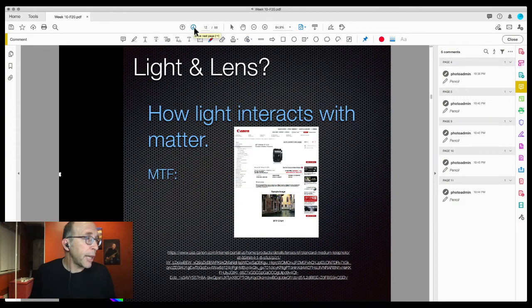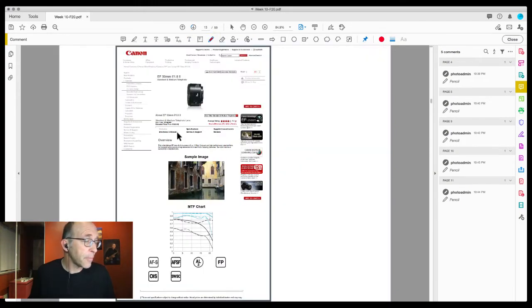So now we're going to talk about MTF. What is this MTF thing that we're talking about? Well, this is an ad from a Canon website, and they have pages like this for all of their lenses. This one is a 50 millimeter lens. You'll see this on the Nikon website, Olympus, Sony and Fuji.